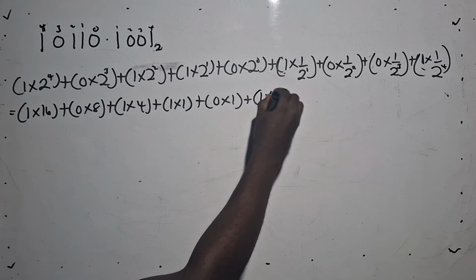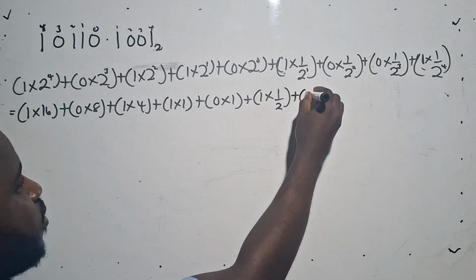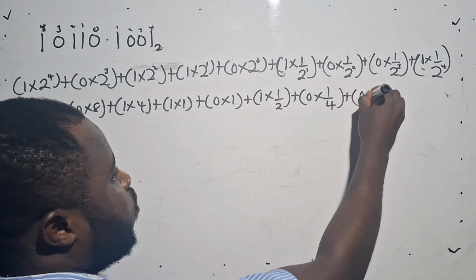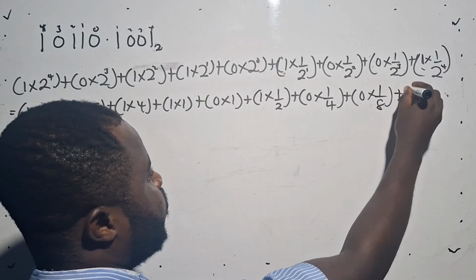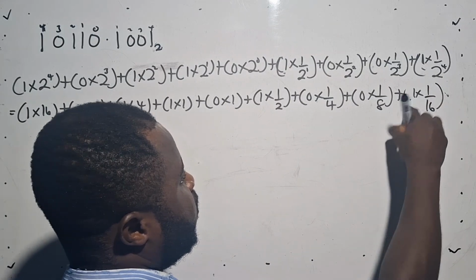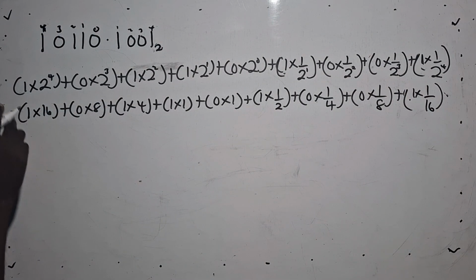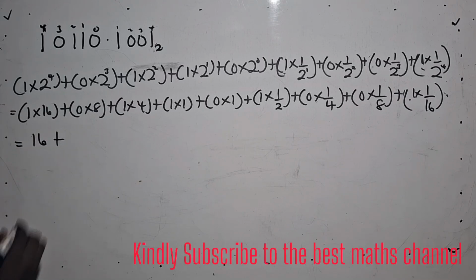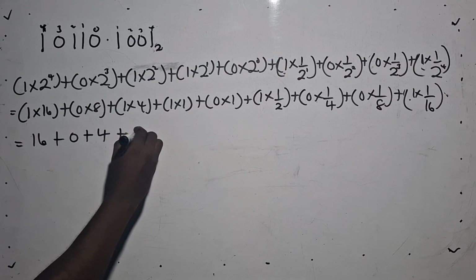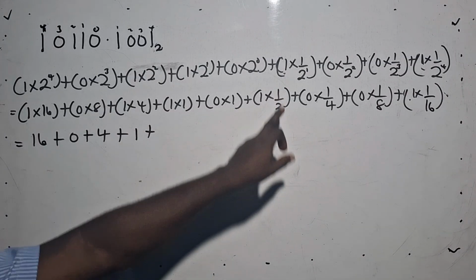Plus 1 times 1 on 2, plus 0 times 1 on 4, plus 0 times 1 on 8, plus 1 times 1 on 16. Now let's simplify this. 1 times 16 is 16, 0 times 8 is 0, 1 times 4 is 4, 1 times 1 is 1.